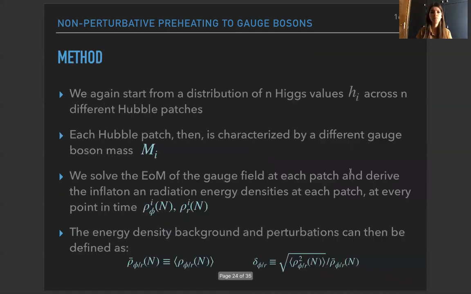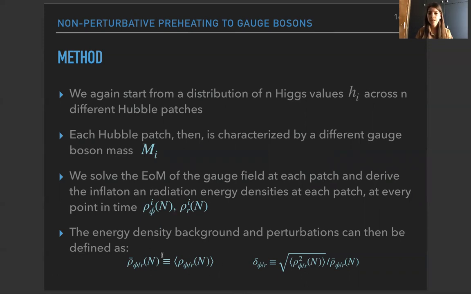Now, the method is quite similar. We again have a distribution of Higgses, which gives a distribution of gauge boson masses, and we can then solve the equation of motion of the gauge bosons, ignoring back reaction of the gauge bosons on the inflaton field, and determine the energy density in the inflaton and the energy density in radiation at every one of those patches with time.